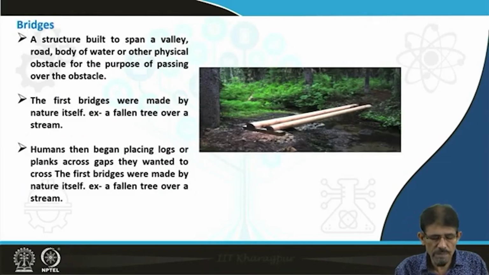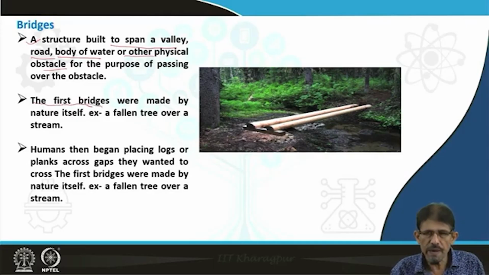The concept of a bridge is devoted to a structure built to span a valley, road, body of water, or other physical obstacles for the purpose of passing over the obstacles. The first bridge, or the concept of a bridge, derived from nature.